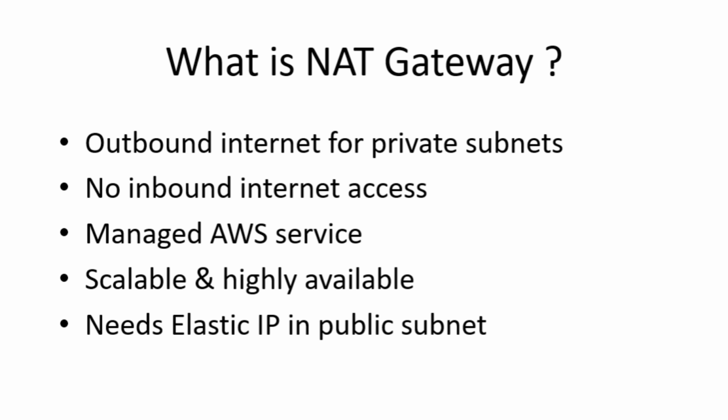At the same time, it ensures no inbound internet traffic can reach those private instances, keeping them protected from external threats. Being scalable and highly available, a NAT gateway can handle increasing traffic without manual intervention, providing reliability for your applications. Finally, to function properly, a NAT gateway requires an elastic IP and a public subnet, acting as the bridge between your private resources and the internet.